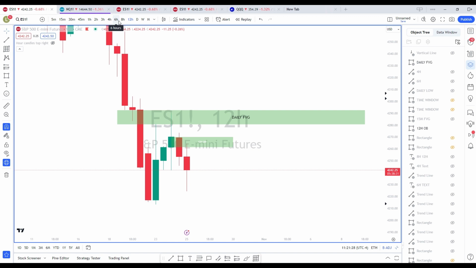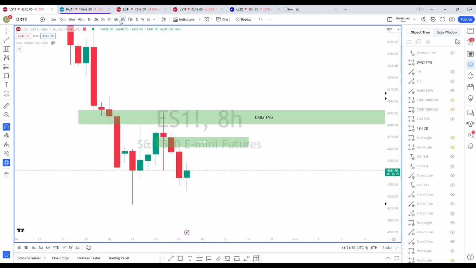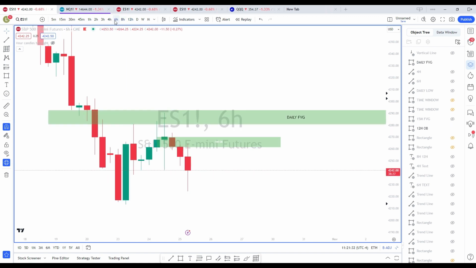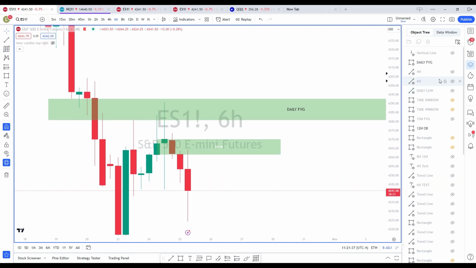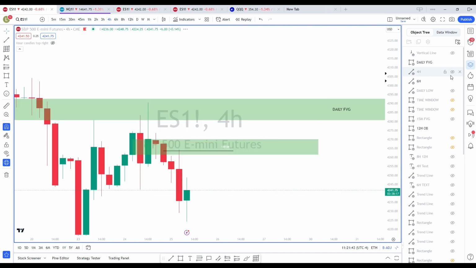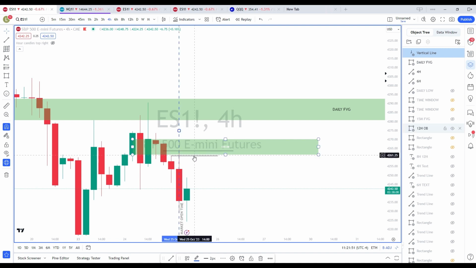When the day started, I like to mark my higher time frame candles' highs because I'm looking for manipulation and trying to be part of it. So this was my 6-hour high, and right here is my 4-hour high, the last candle. The market started here. So let's bring back that line.